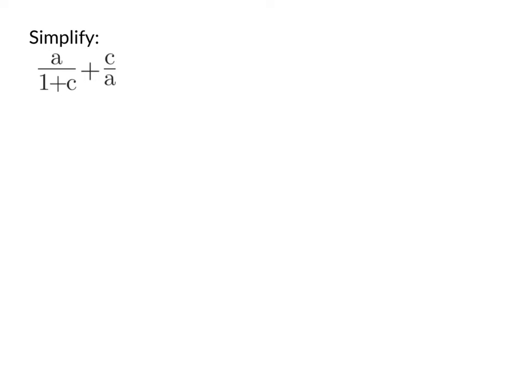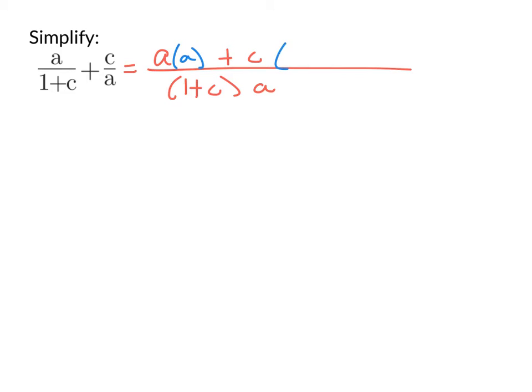If we're going to simplify the algebraic expression a over 1 plus c over a, what we would do first, since we're adding two fractions together, is to get a common denominator. Our common denominator is going to be 1 plus c times a, which means this a would have to be multiplied by another a, and this c would have to be multiplied by the 1 plus c.